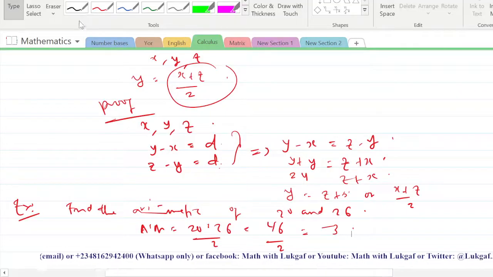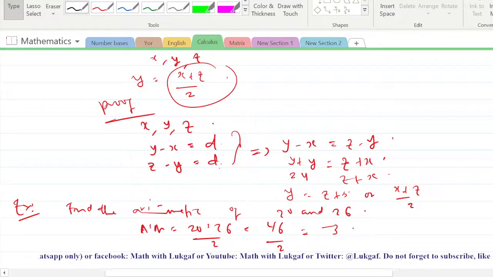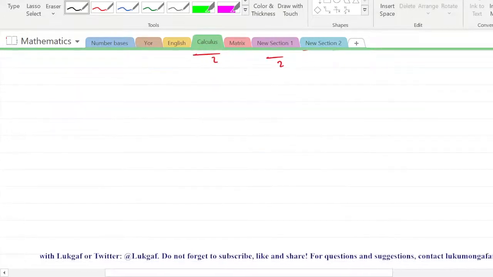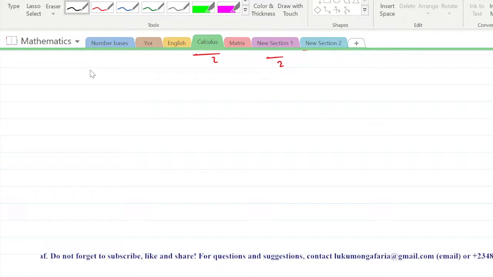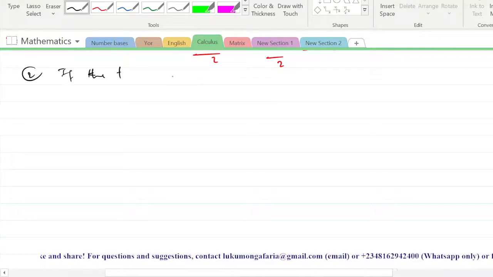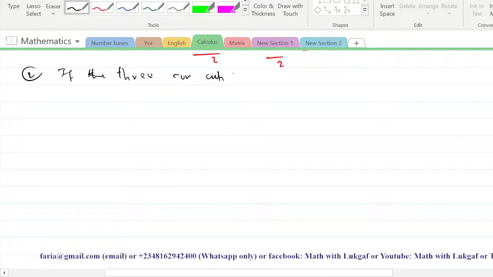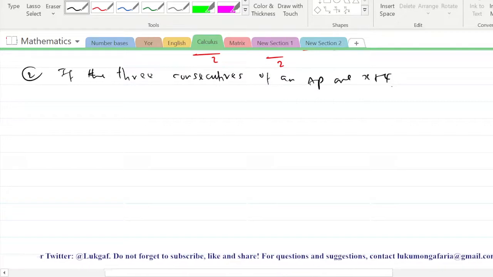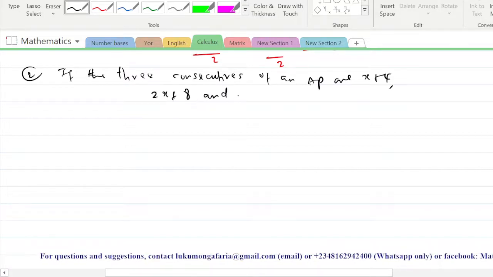Example: if the three consecutive terms of an AP are x plus 4, 2x plus 8, and 12, find the value of x.